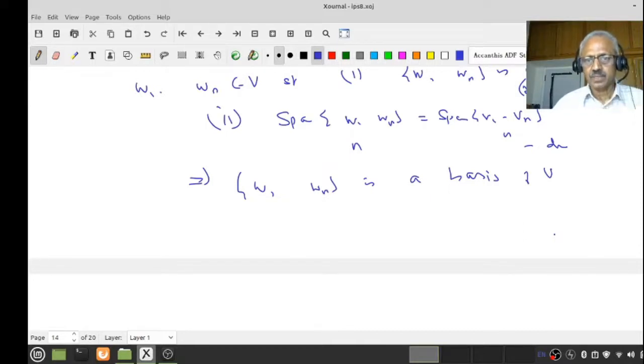Because remember w1 to wn are all mutually orthogonal and non-zero. Since they are non-zero, we know that set is linearly independent. Therefore w1 to wn is a linearly independent set having n elements, but the dimension of the space V is n. Therefore w1 to wn must be a basis. So there are a lot of ways of seeing. Okay, try to think.